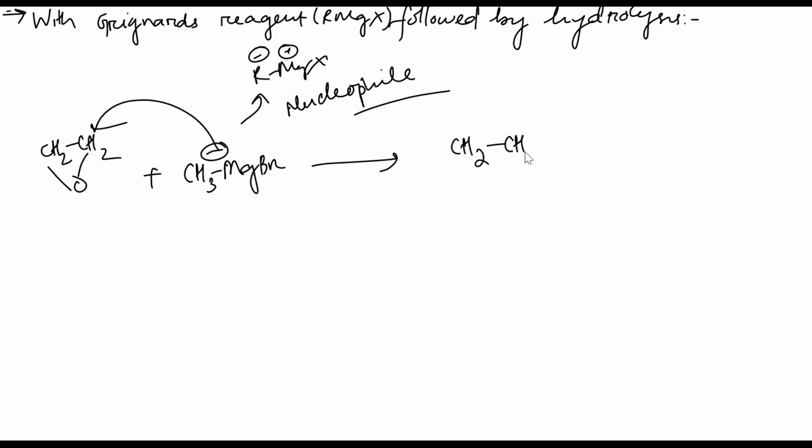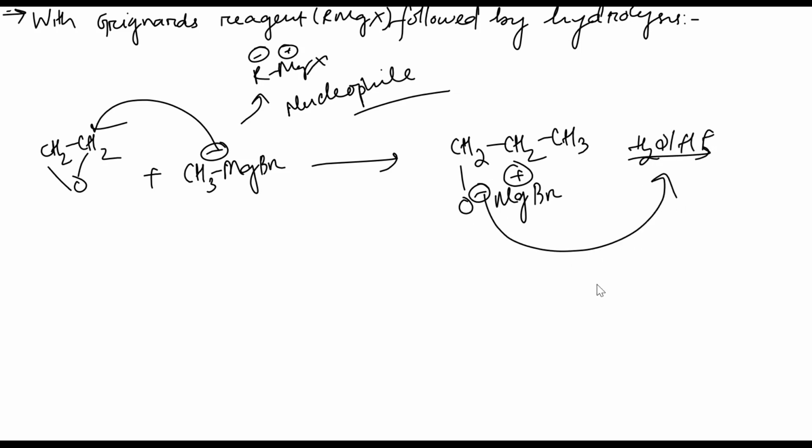So there will be abstraction of a proton, and there will be formation of CH3CH2CH2OH, sorry, three carbons, propanol. So if we react a Grignard reagent with ethylene oxide, there will be formation of a primary alcohol.